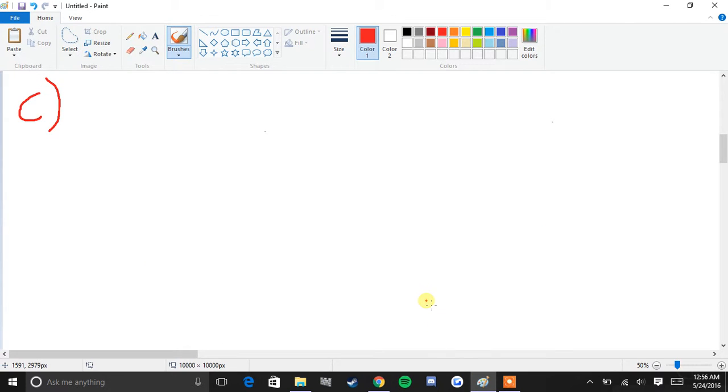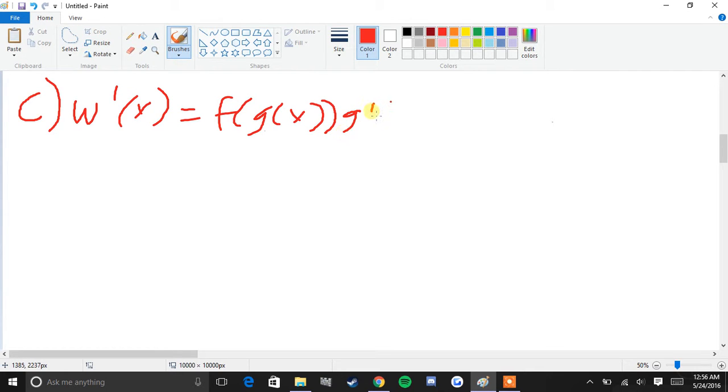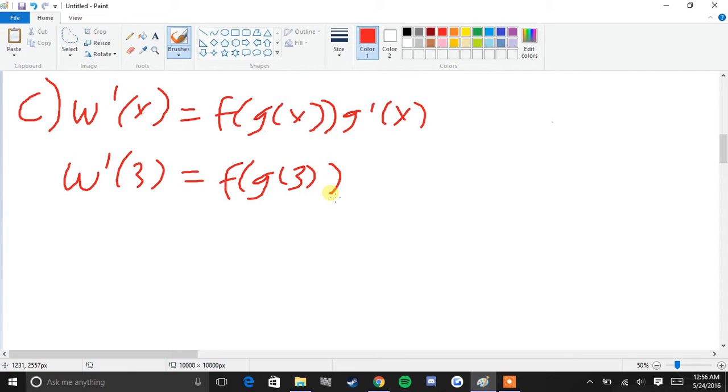So the way to rewrite that is W prime of x equals f of g of x, then we have to do the chain rule, times g prime of x. So we're just going to plug in 3. W prime of 3 equals f of g of 3 times g prime of 3.